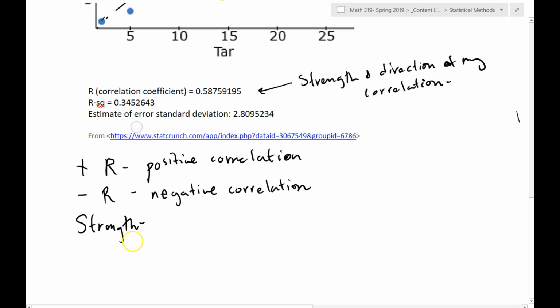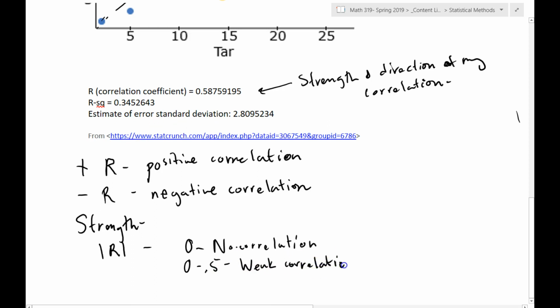And so here's how it goes. It's going to be the absolute value of R, meaning make R positive. If R is from 0 to 0.5, well, 0 is what we call no correlation. Anything really close to 0 is going to be no correlation. 0 to 0.5 is what's called a weak correlation.